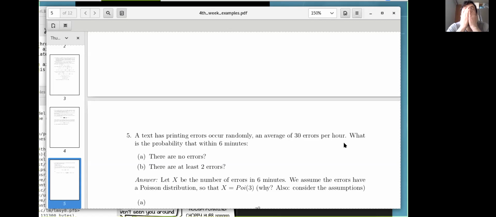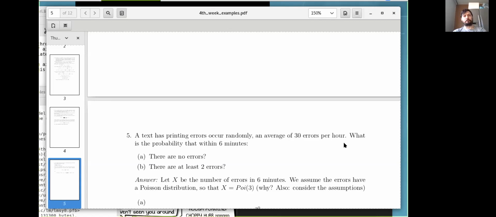So I'm saying here that it's Poisson distributed, but let's consider why. Why is it Poisson distributed? Why can we consider it a Poisson distribution? So here's an interval, an hour given, and there's a number of events, errors, 30, occurring per unit of time. That's an hour. We say that these errors occur randomly, but what do we mean?